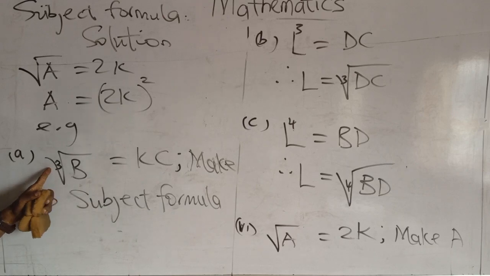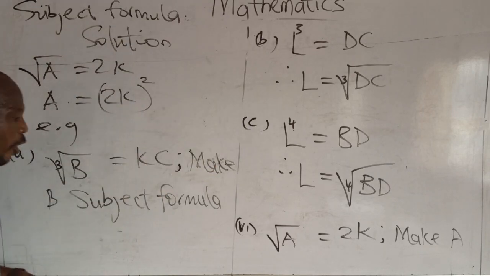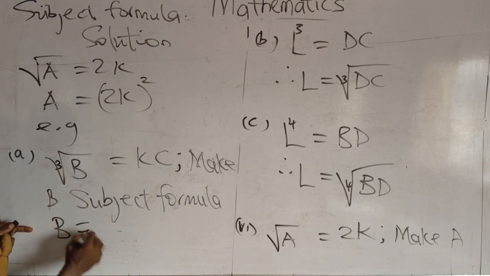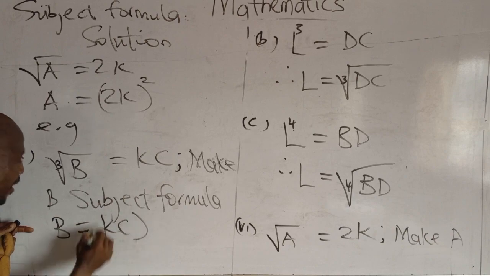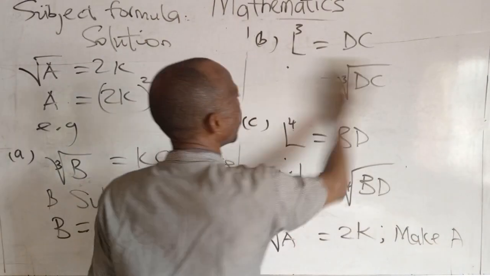How do we pull the cube root here? We make the other side raised to the power of 3. So our B becomes B is equal to KC raised to the power of 3.